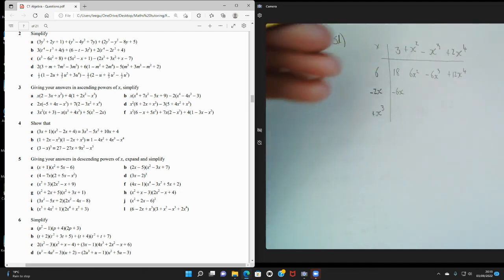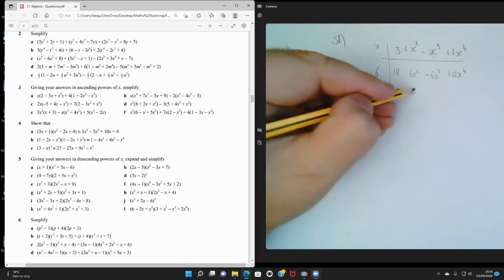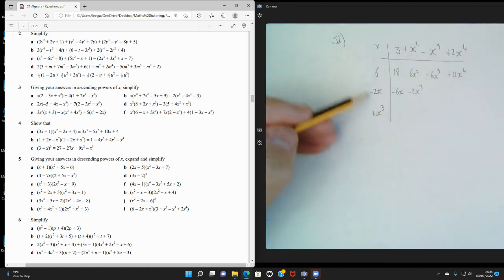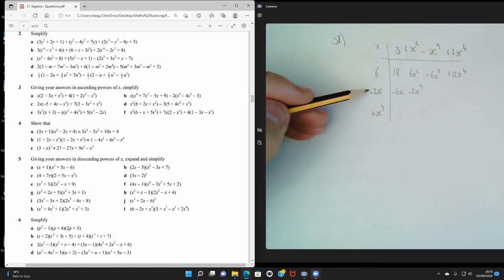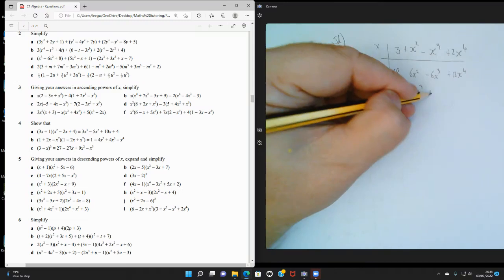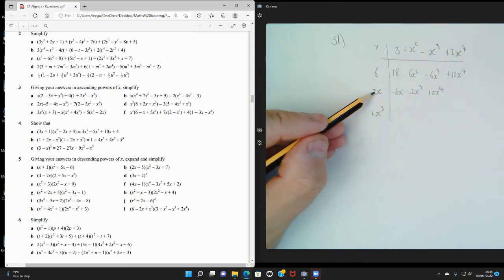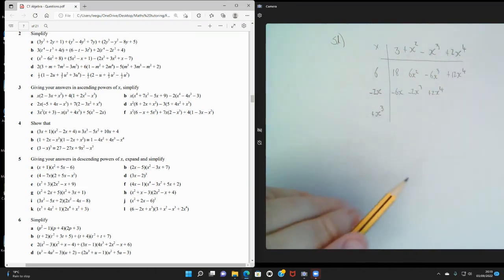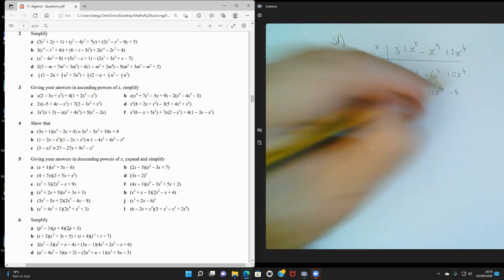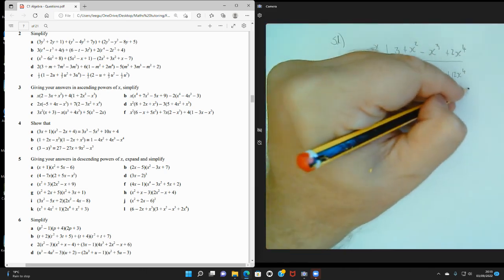Minus 2x times x squared is minus 2x cubed. Minus 2x times minus x cubed is plus 2x to the 4th. And then finally, on this row, minus 2x times 2x to the 4th is minus 4x to the power 5.